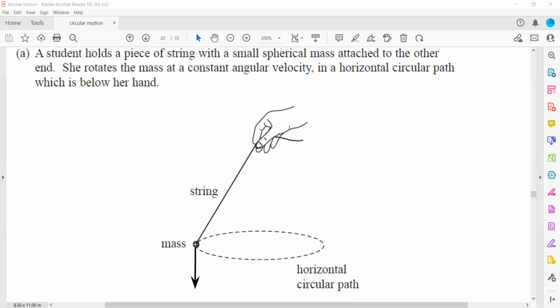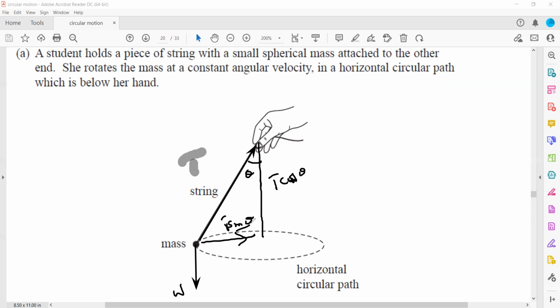The weight will be acting downward, and the tension, as we did in the similar question, 12 part B. The tension T will have two components. The vertical one, with the angle, will be T cos theta, which balances with the weight, and the other will be T sin theta. So T sin theta is responsible for circular motion, and T cos theta must balance with the weight.